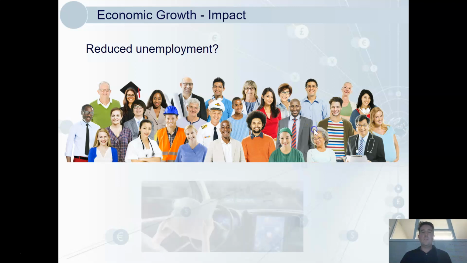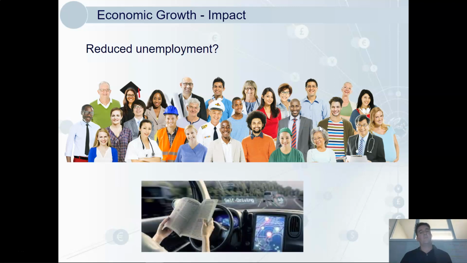So think of something like self-driving cars, for example. They're going to produce a lot of income for the owners of the self-driving cars, transporting goods around, transporting people around, like Uber. So they'll create a lot of income, but how many people will actually be employed with the use of this technology?